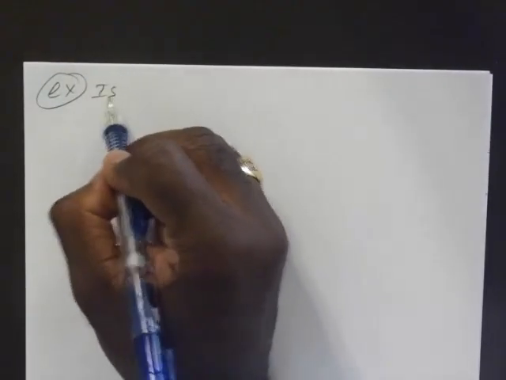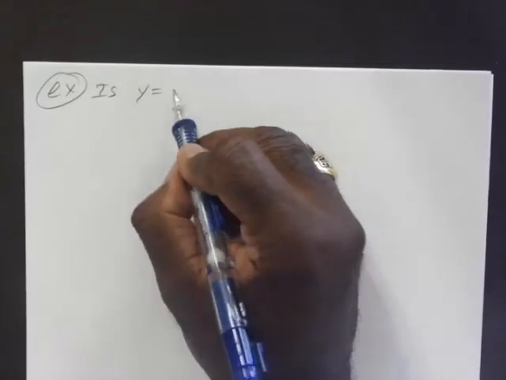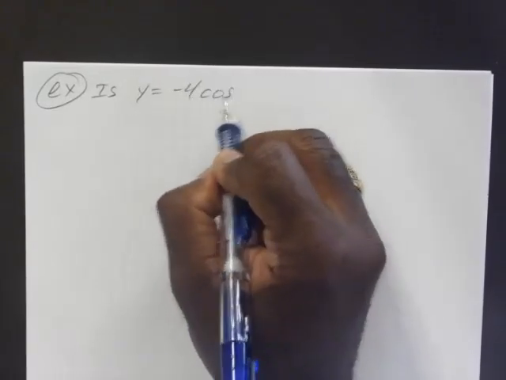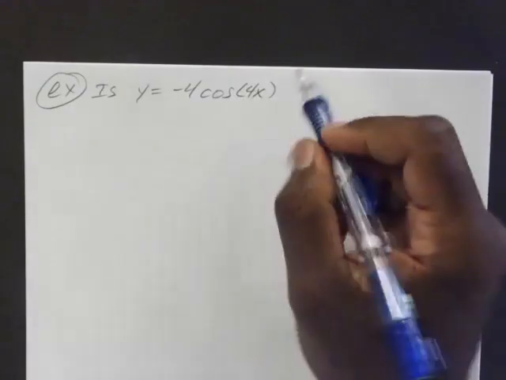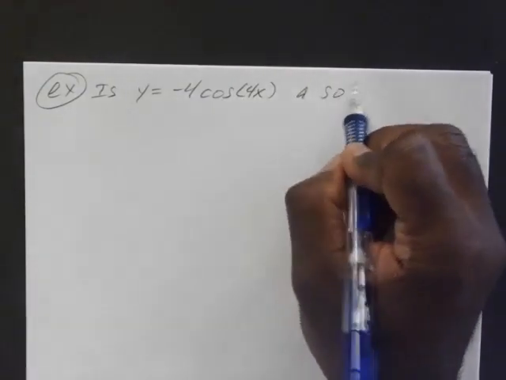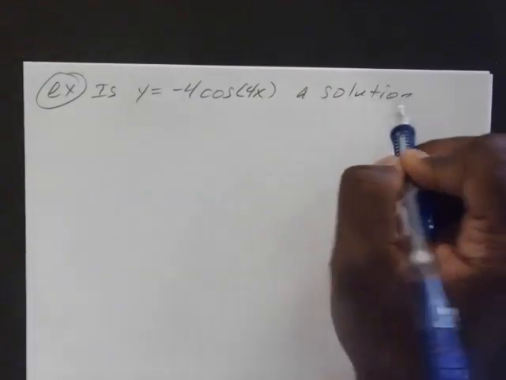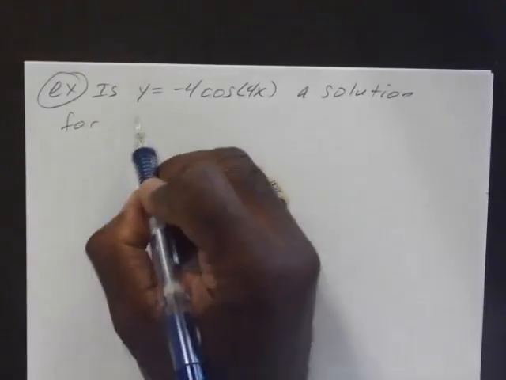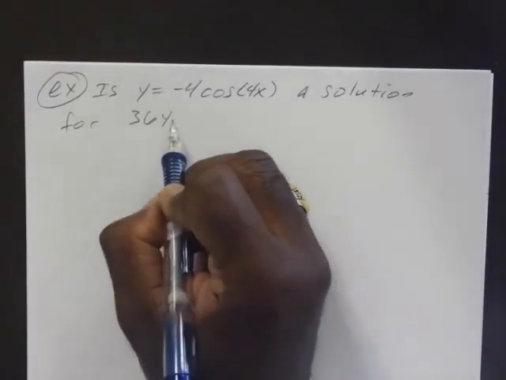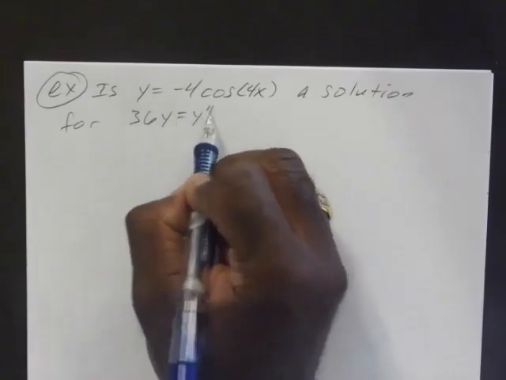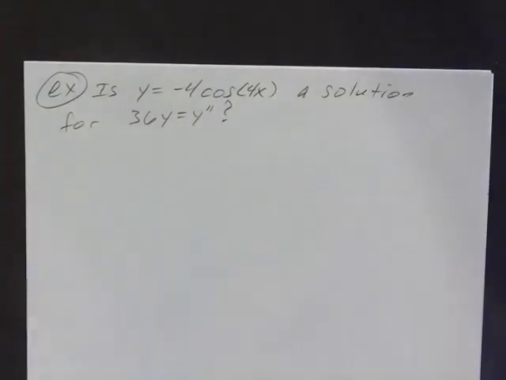Okay, so what if we want to know is y equal to negative 4 times cosine of 4x a solution for 36y is equal to the second derivative of y.